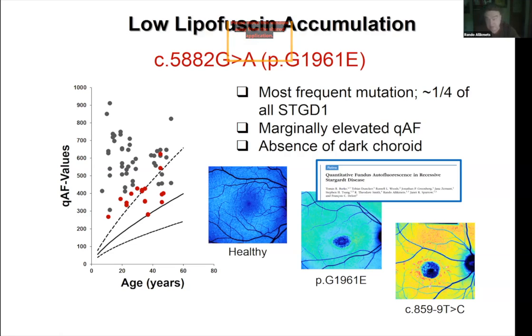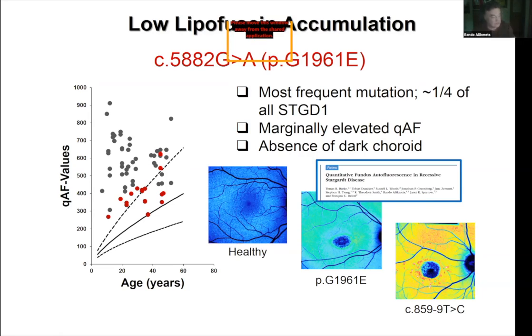And there are some other places. But there are some tricks to this, and I will not go there. But the point I wanted to make is that with this mutation, you do not see a huge increase in lipofuscin. So if there is a treatment that targets lipofuscin, then patients with this mutation, and as I said, it's a quarter to a third of all Stargardts, do not apply for that therapy.